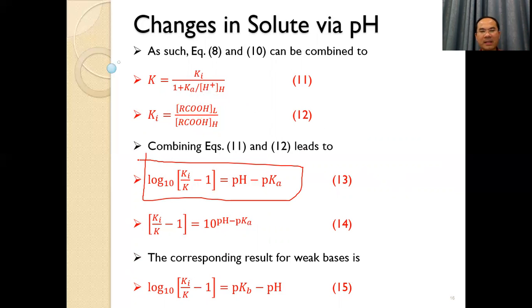If you take this, you get Ki divided by K minus 1 for this K. And then you can calculate the K value for the weak acid. And also this is for weak base. It corresponds to the weak acid with pKa. For weak base it is pKb, something like this. It depends on the pHS also for that case.